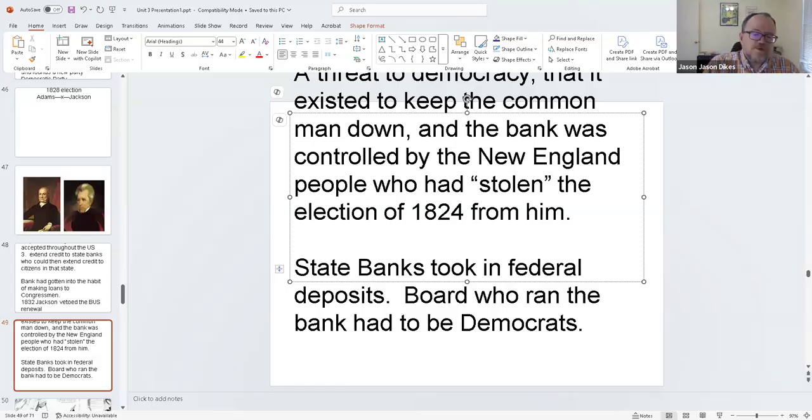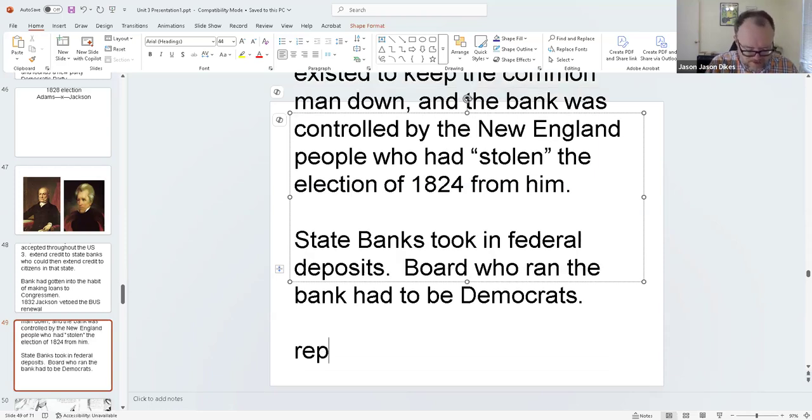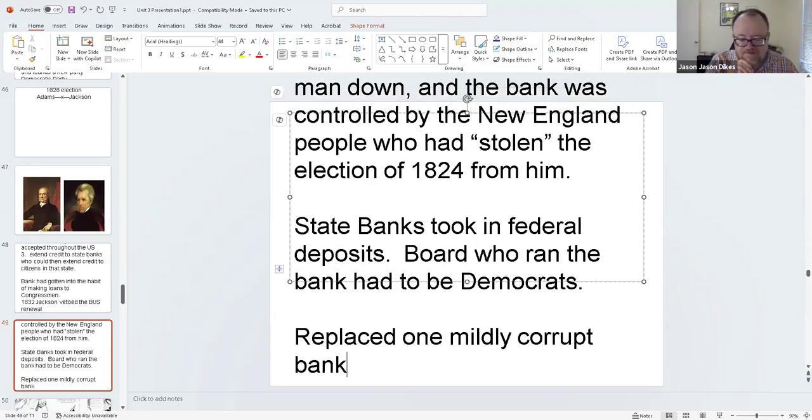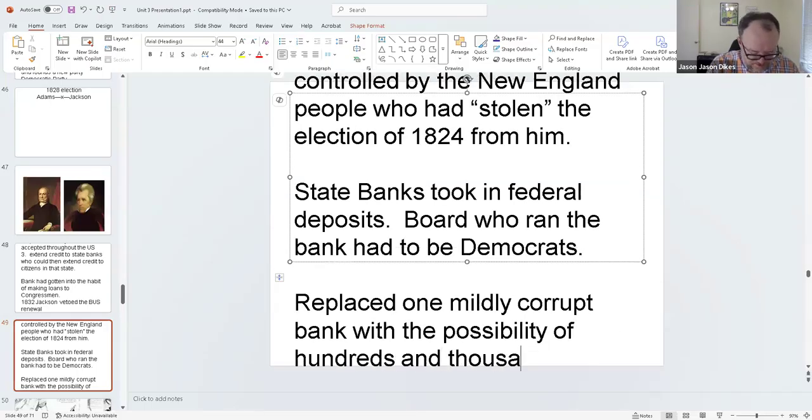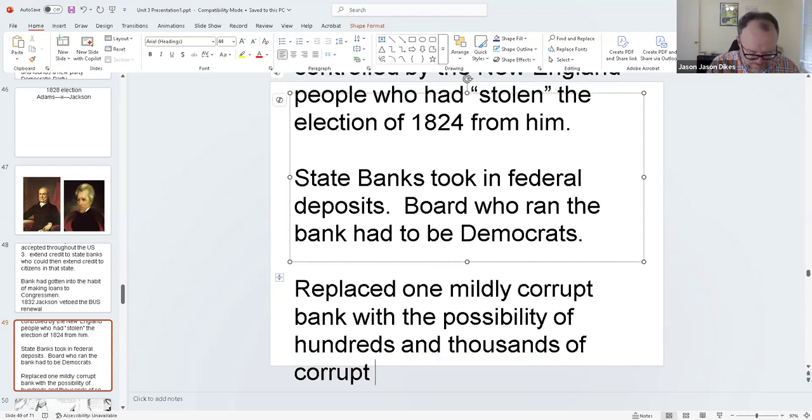So what we've done here is we have replaced one mildly corrupt bank, okay, allegedly corrupt, with the possibility of hundreds and thousands of corrupt banks.